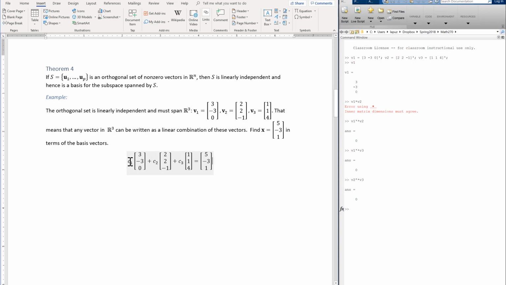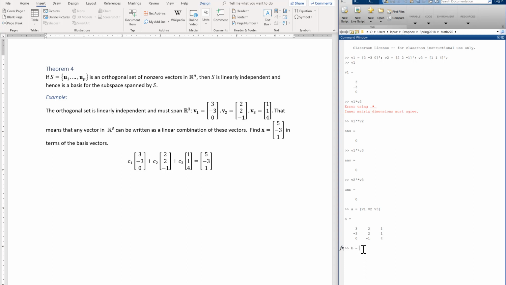One way is to write this as a system, and then we can write it as an augmented matrix. So we have v1, v2, and v3 already, so let's let our matrix A equal v1, v2, and v3, so that we have the matrix here. And then let's let this fourth vector be b.